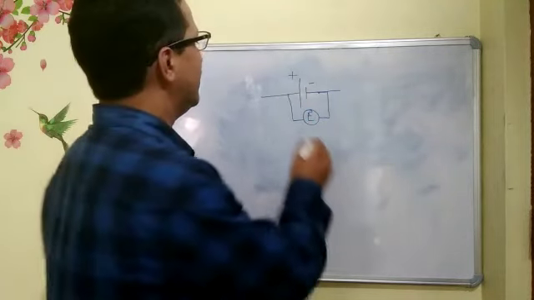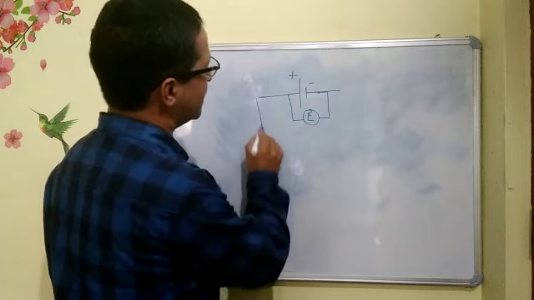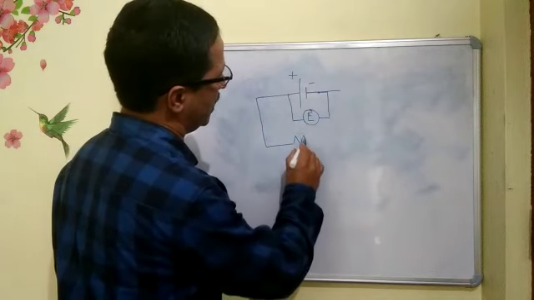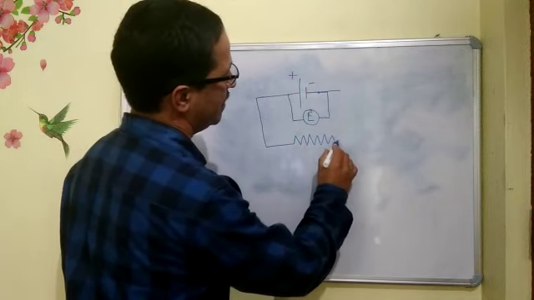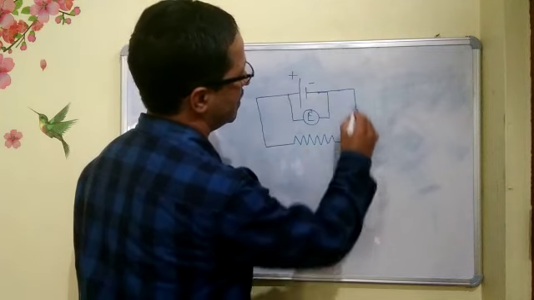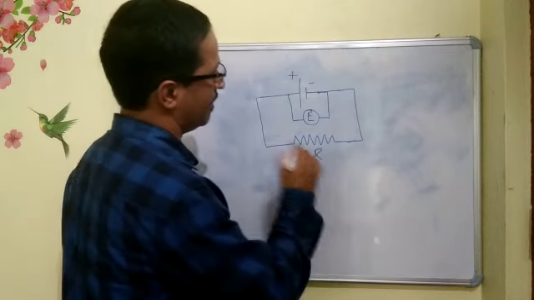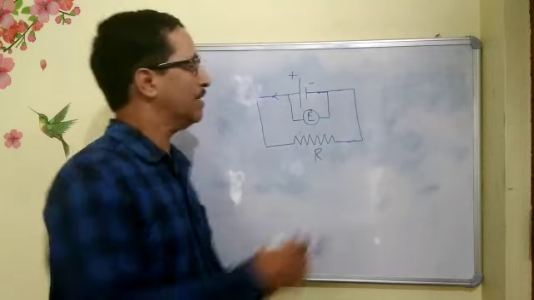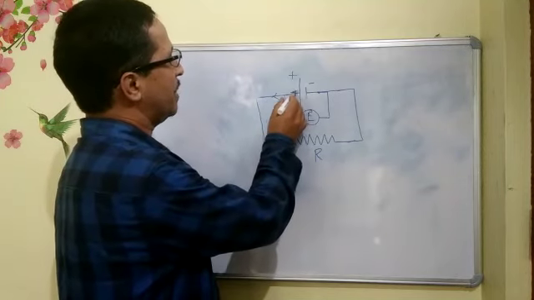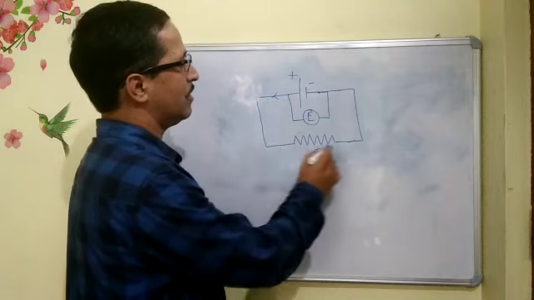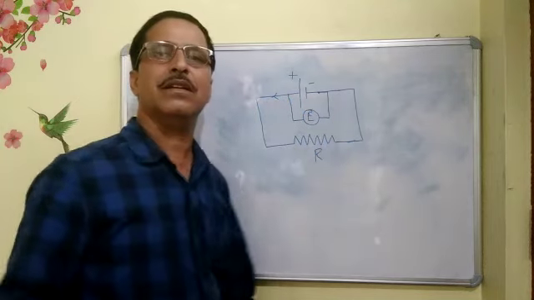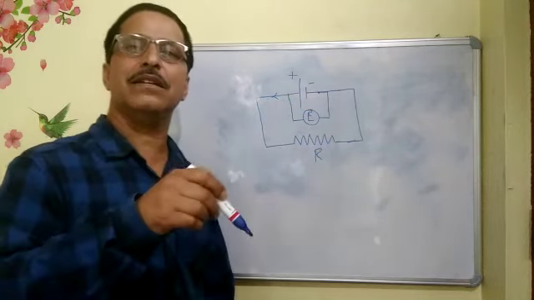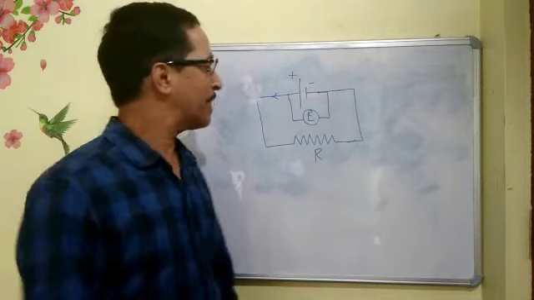However, if I connect this cell to an external circuit which has resistance capital R, then electric current will start flowing from the positive terminal of the cell to the negative one and then inside the cell.